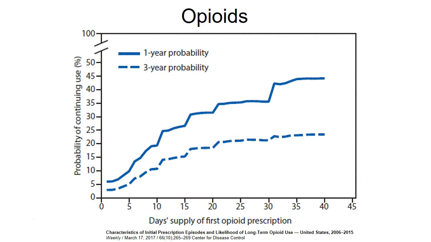So if you're prescribed 10 days' worth of opioids, a year later you're about 20% likely to still be using opioids. At 3 years, you're about 15% likely to still be using opioids. So the amount of opioids prescribed strongly influences the likelihood of people becoming addicted, and it happens in a short amount of time.